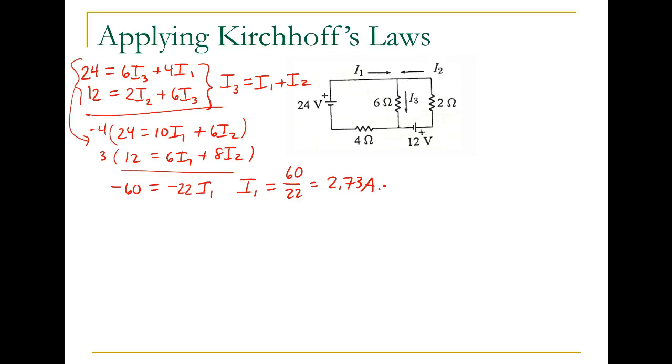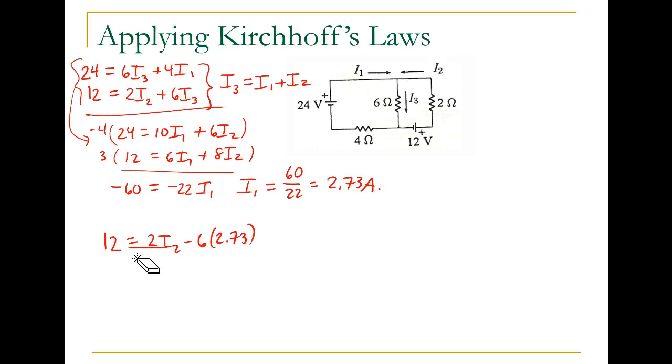Now, the first thing that we note is because I1 is positive, that means that we've done this correctly. Okay? We can take that I1 and plug it into either of our equations, and I'll just do, let's see, I can do 12 is equal to 2I2 minus 6 times I1.